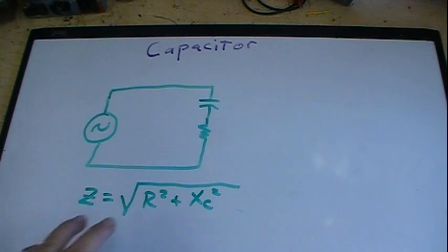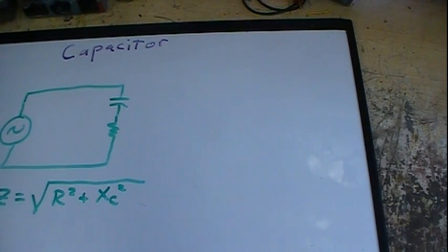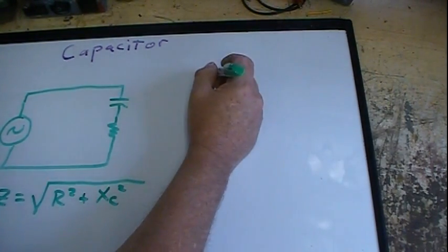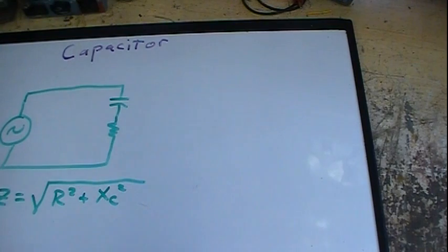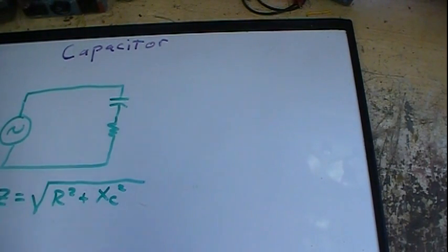Now why do we even use this formula? Well, if we look at another vector analysis of what's going on here, there'll be what are known as vectors, and I'll get into what that is on the next video.